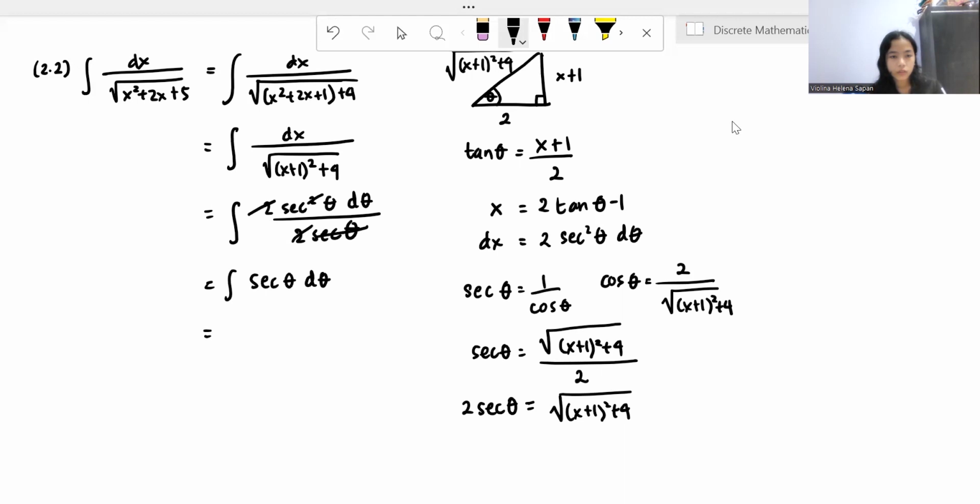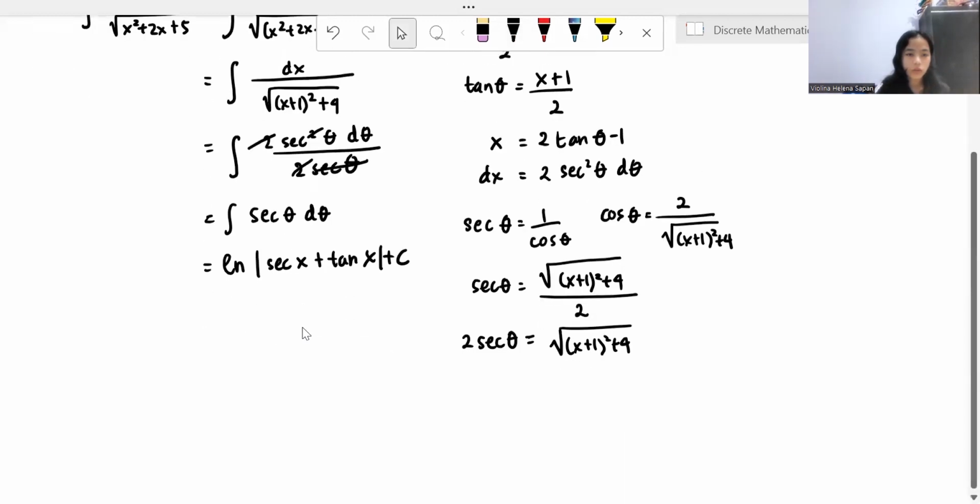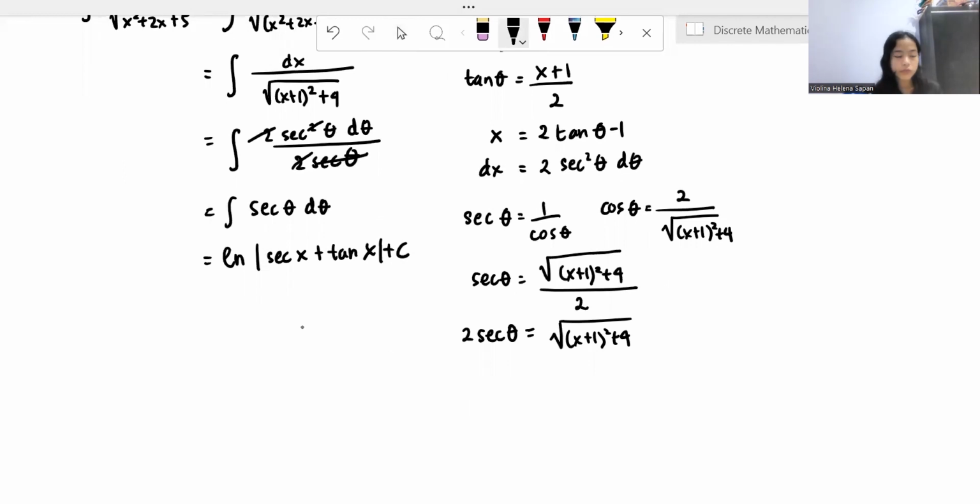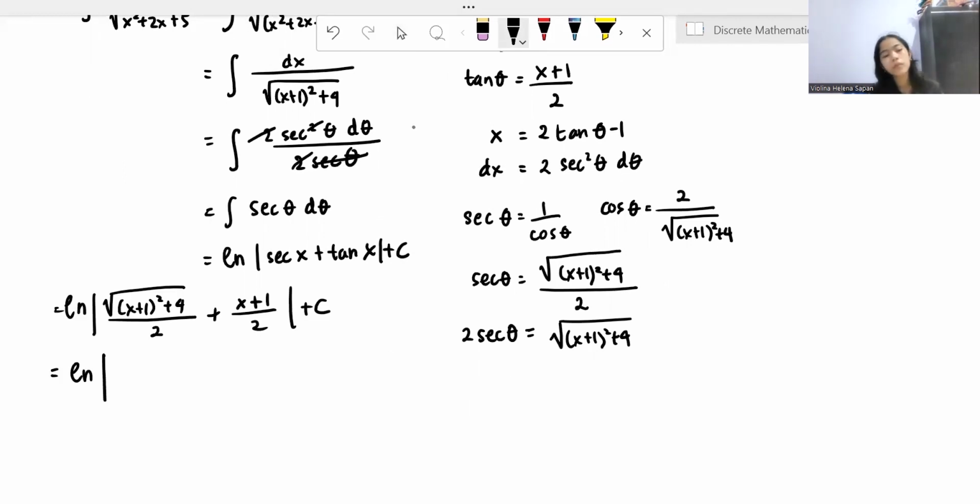So the integral of secant theta d theta is equal to, next, we can substitute in for secant x and tan x. In this case, the denominator is not included in the square root.